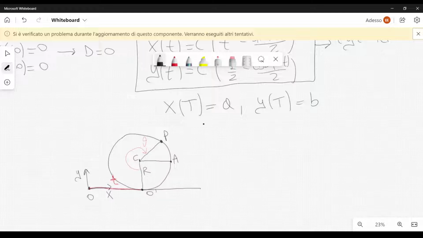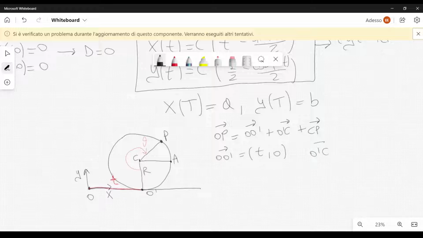So we can write down the coordinates of the vector OP. We can think of this vector as given by OO prime plus O prime C plus CP. And OO prime is equal to (t, 0).